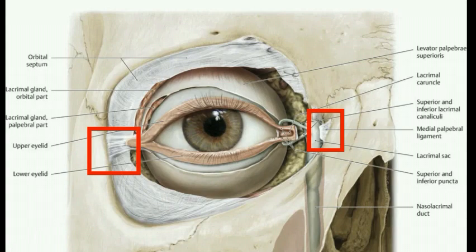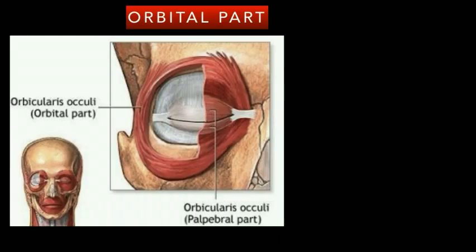To start with, the first part of Orbicularis oculi is the orbital part. The orbital part overlays the orbital rim, that is, it encircles the entire orbit, and it originates from the nasal part of the frontal bone, apart from the maxilla, and majorly from the medial palpebral ligament.